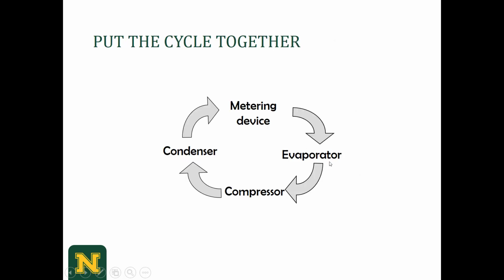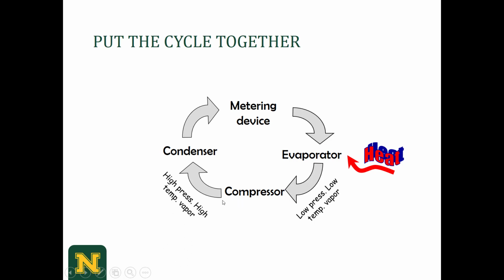So if we put it all together, we have the evaporator, compressor, condenser, and metering device, right? Our heat comes in this way. We have a low pressure, low temperature vapor that leaves your evaporator. Remember, it has to be 100% vapor at that point for the compressor to work. The compressor turns that vapor into a high pressure, high temperature vapor to send it to the condenser.